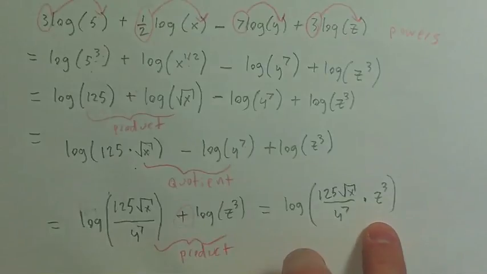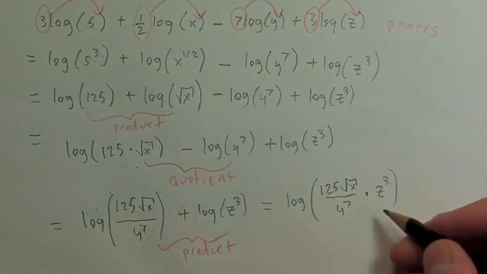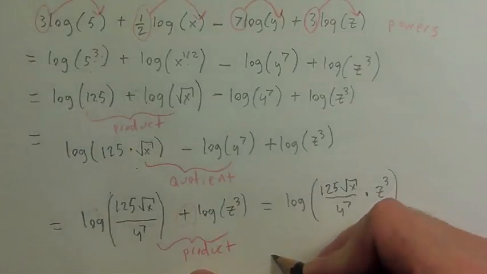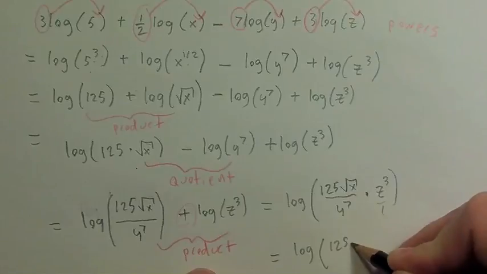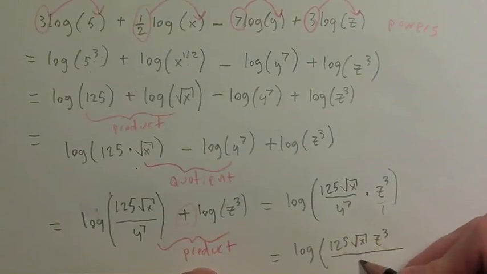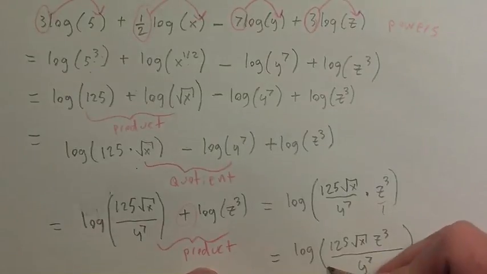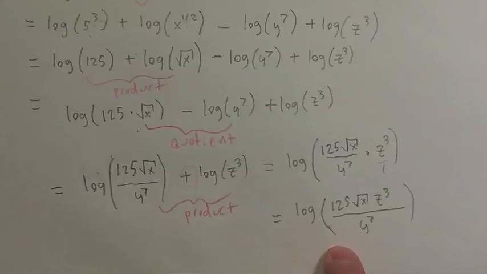And since I'm multiplying this fraction here, I could actually bring that z cubed up because this is z cubed over 1, so I could say that this is log of 125 square root x z cubed all over y to the 7th. And there we go. There we have it as a single log.